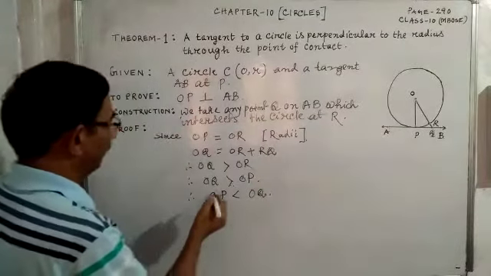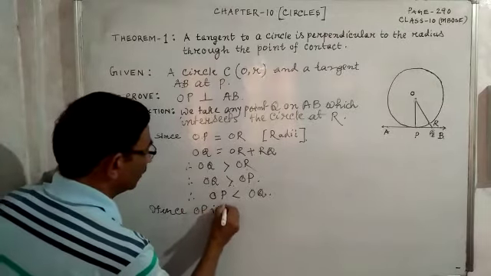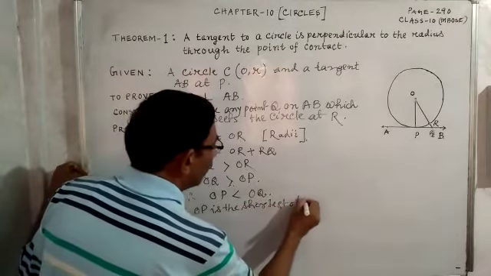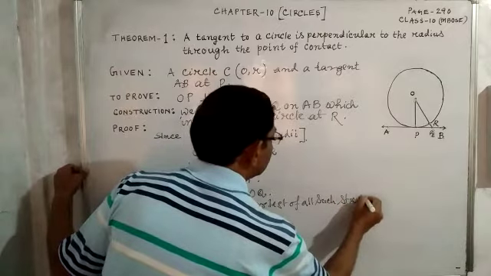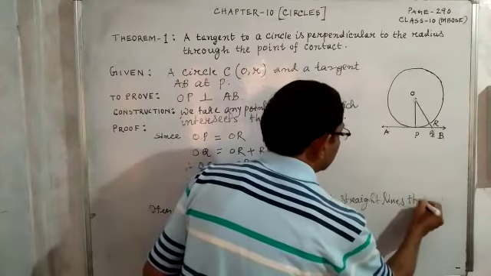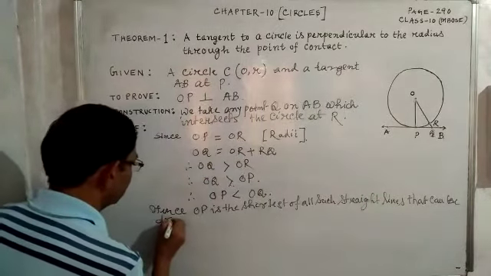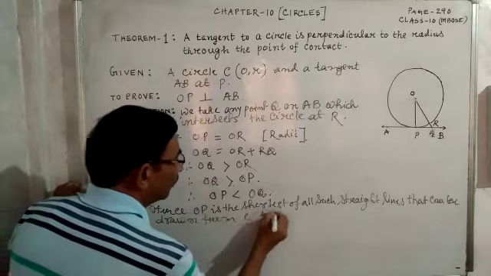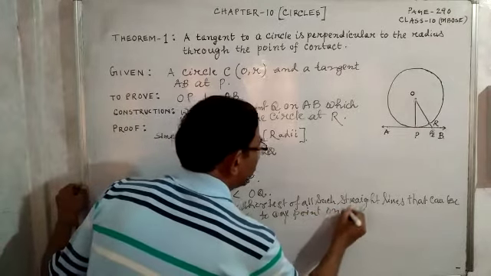So we can write here, so hence this OP is the shortest of all such straight lines that can be drawn from O to any point on AB.